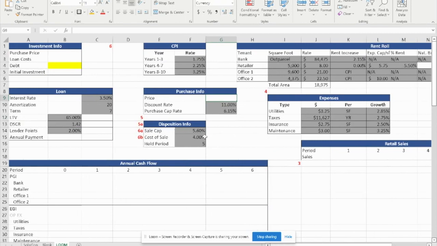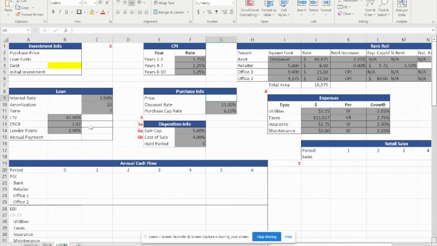You're also given the disposition information: the exit cap rate, the cost of the sale, as well as the hold period. You can create the loan table here, given the interest rate, amortization, term, the loan to value, and the debt service coverage ratio of 1.42.